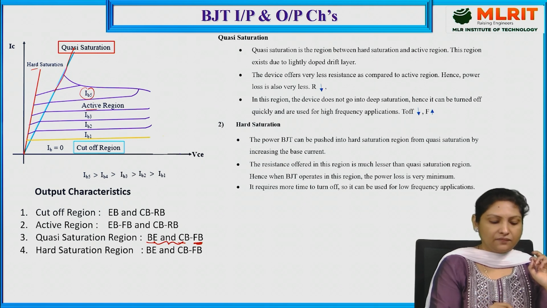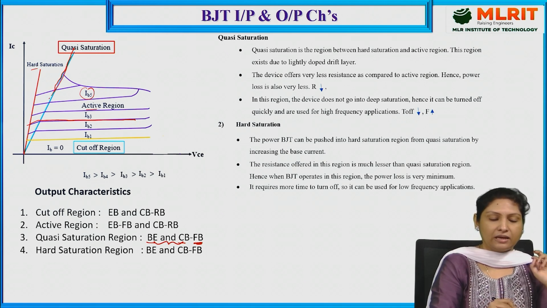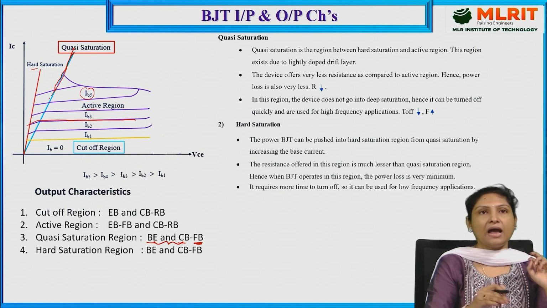See, in the active region, it increases slowly and later it becomes constant. Whereas here in the quasi-saturation region, the current will increase in a linear way, in an aggressive way beyond IB5, and this is nothing but the quasi-saturation region.